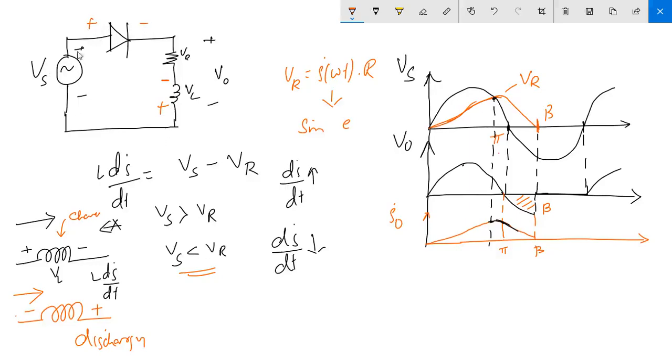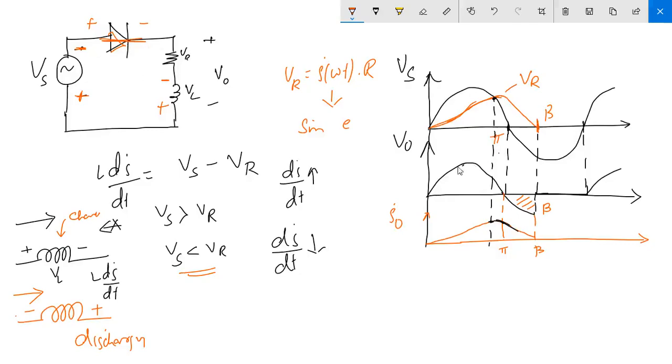Even though your supply voltage is in reverse condition, your inductor is in forward condition, because the inductor keeps your diode forward biased. That's why this negative cycle comes in your V naught. That's why your diode is still forward biased and conducting.